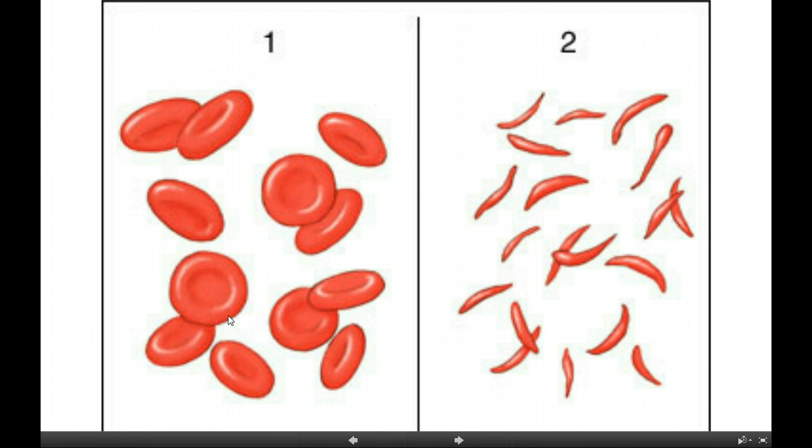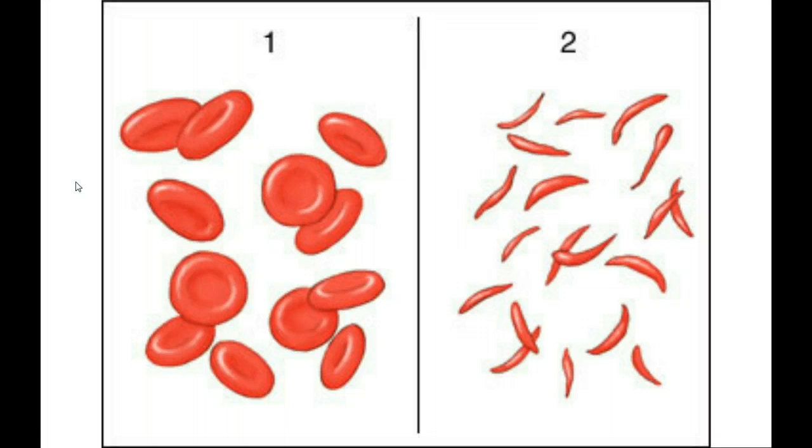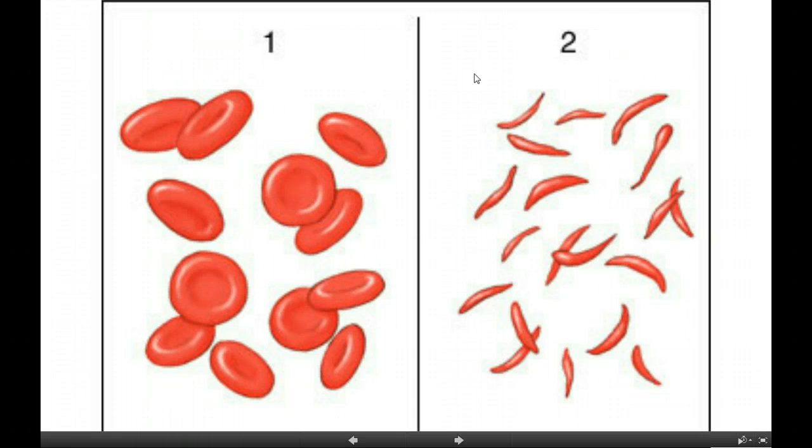But the donut-shaped red blood cells usually carry more oxygen around, so it's more efficient when you breathe. These red blood cells grab that oxygen and take it around to every single cell that needs it to make energy. People with sickle cell do that much less efficiently.